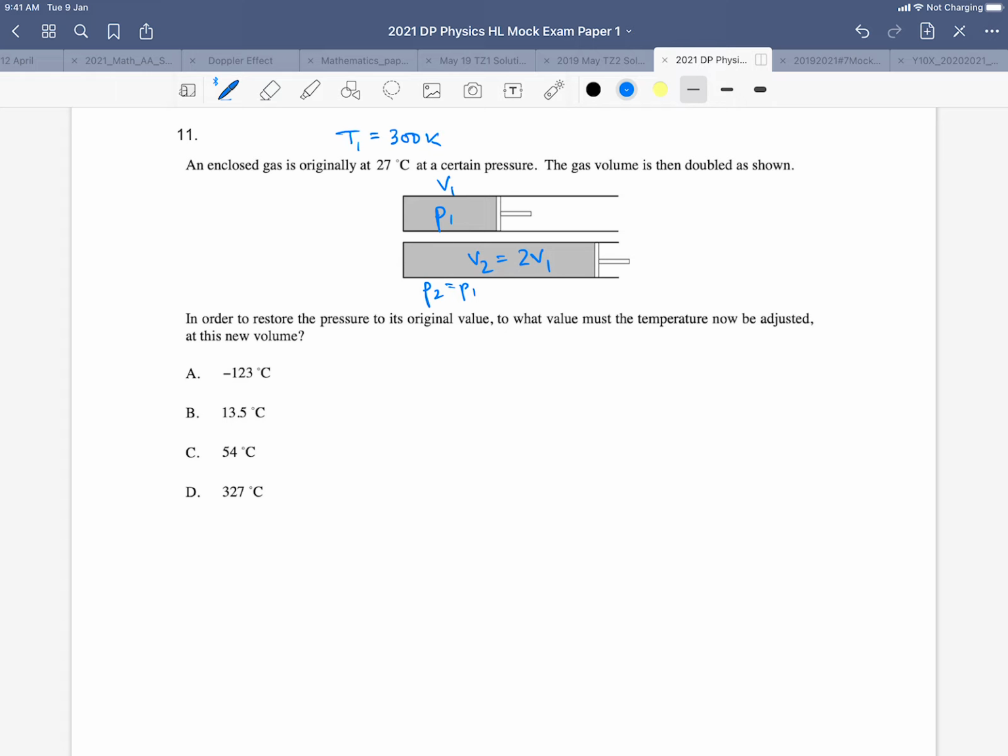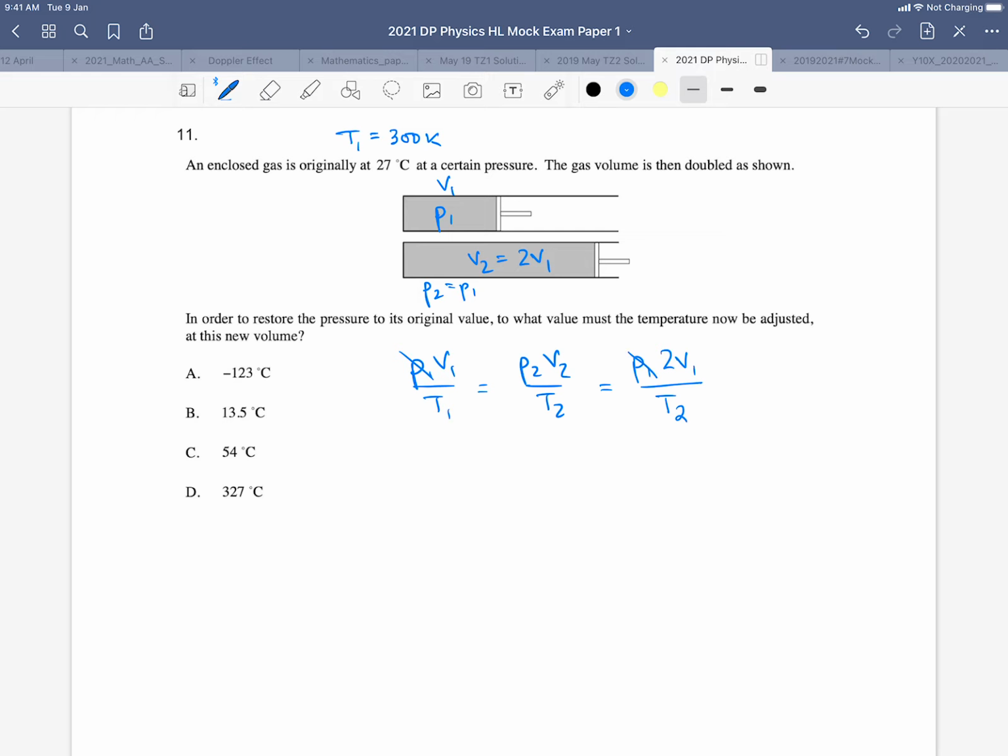Okay, well, we have a lot of changing quantities here, but we know that as long as we have the same number of moles enclosed in this piston, which we know we have, then P1 V1 over T1 is going to be the same as P2 V2 over T2. And we know that P2 wants to be P1, V2 is 2V1, and we want to find the temperature T2.